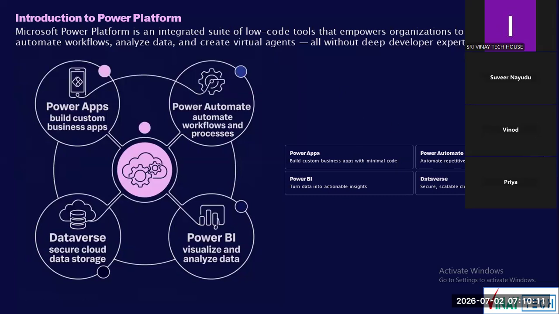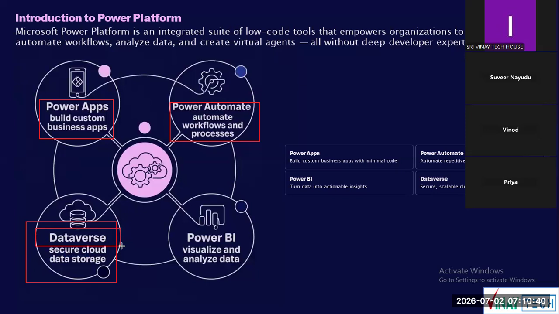See, with Power Apps, we can build custom applications. Those are called business applications. We can automate the workflow and business process. And Dataverse is basically secure cloud data storage. When we talk about Dataverse, it does not only act as a database.